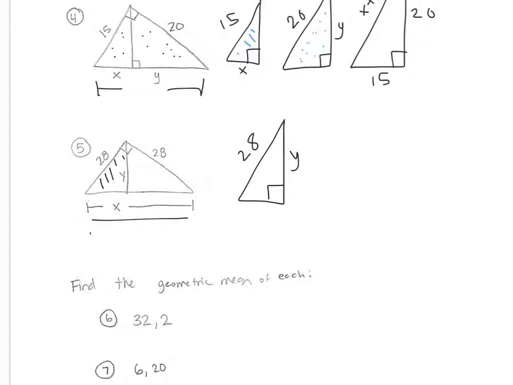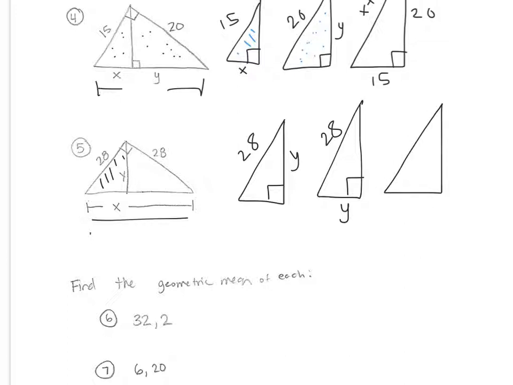Then the short side on the medium one is y, and the hypotenuse is 28. And then the largest one has the short side 28, the long side 28, and then the hypotenuse is x.